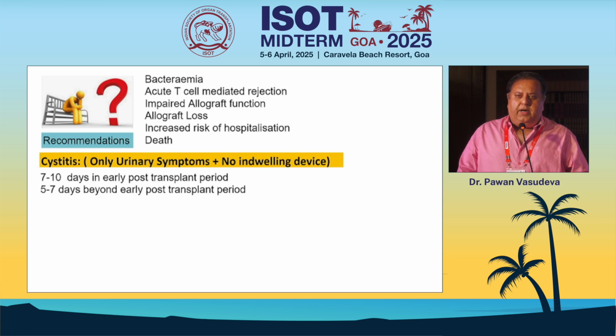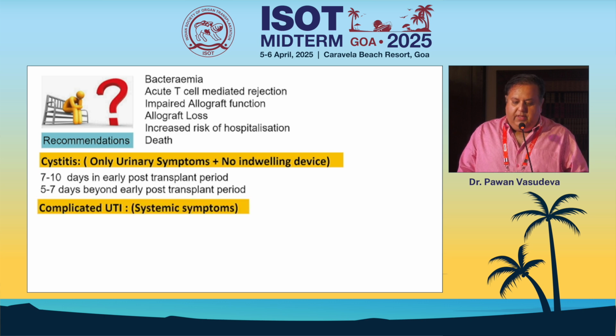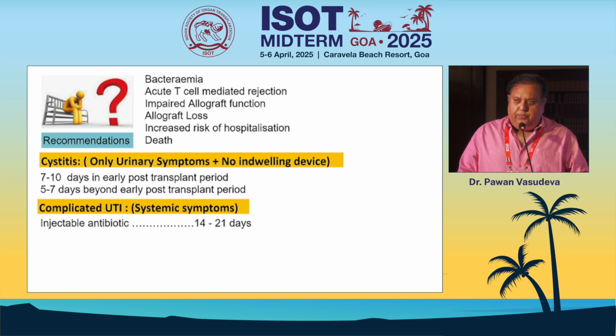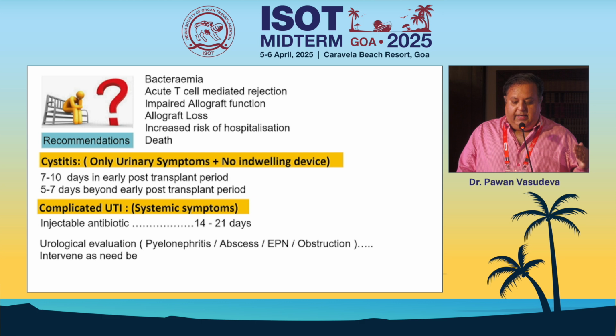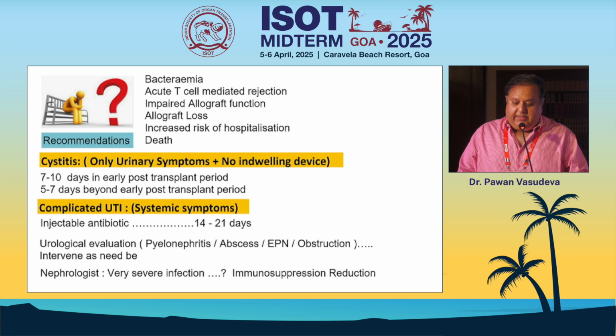Beyond the early transplant period, 5 to 7 days is sufficient. If it is complicated, if you have systemic symptoms, then most people would treat it for 2 to 3 weeks. And in this setting of complicated infection, you would want a full urological evaluation and intervention as need be. As nephrologists, for very severe infections, sometimes immunosuppression has to be looked into.